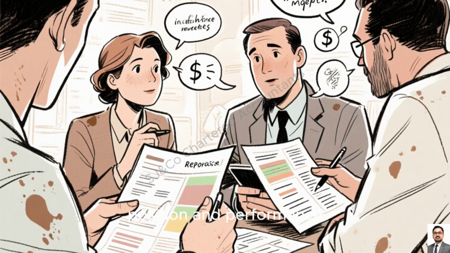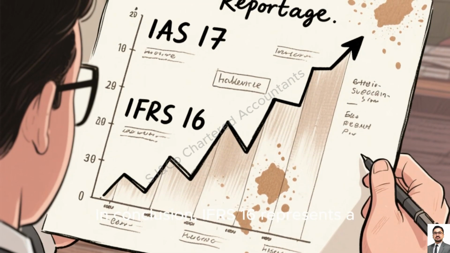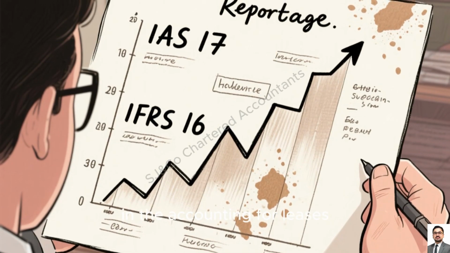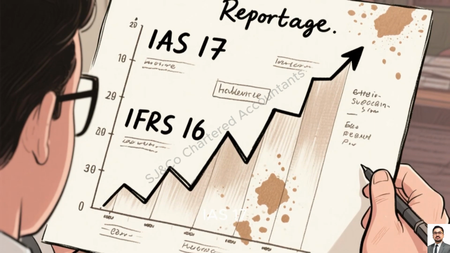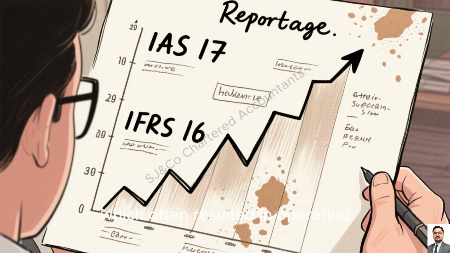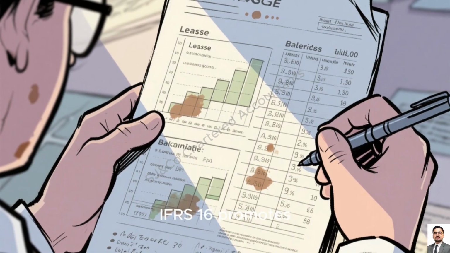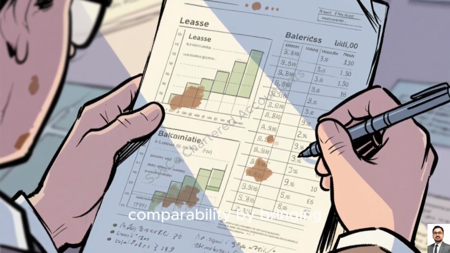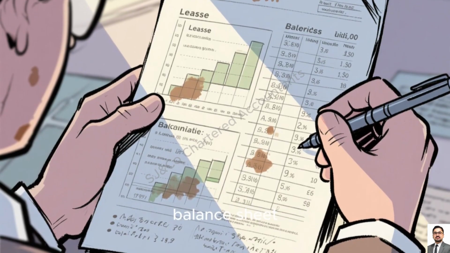In conclusion, IFRS 16 represents a major evolution in the accounting for leases, moving away from the previous approach under IAS 17, which often resulted in operating leases being hidden off balance sheet. IFRS 16 promotes transparency and comparability by bringing substantially all leases on balance sheet.